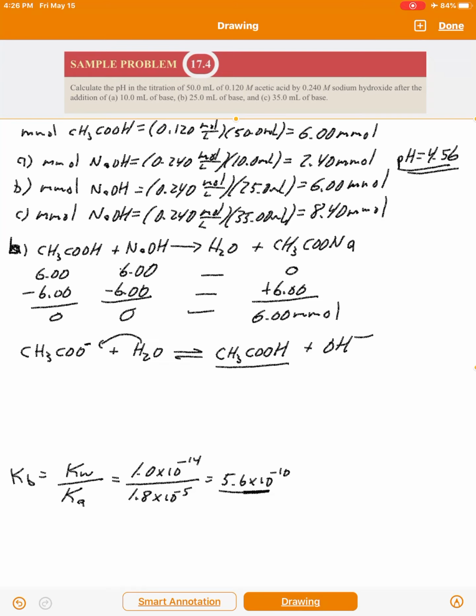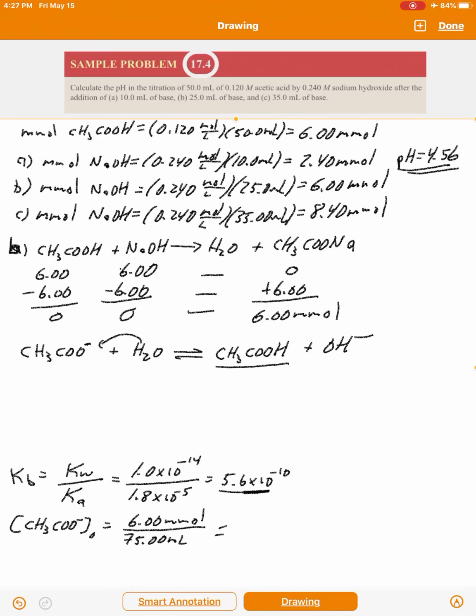So we've got our Kb value, but we also need to know the initial concentration of the acetate. Well, that's going to be the number of millimoles of the acetate, which we already know, 6, right? It's the product of the previous reaction, divided by the total volume. The acid had 50 milliliters, then we added 25 milliliters of base, so it's 75 ml.